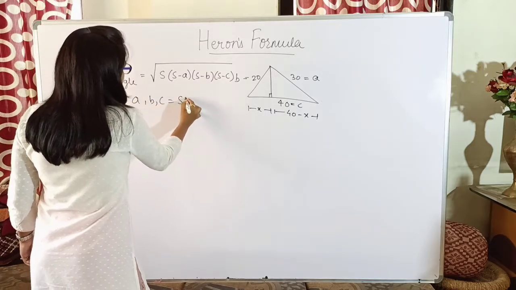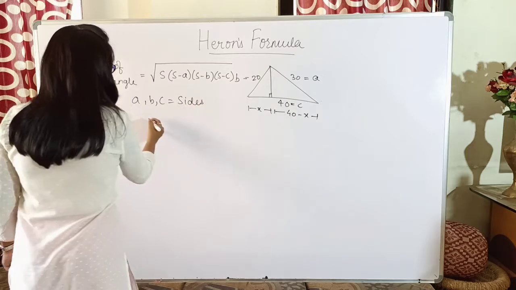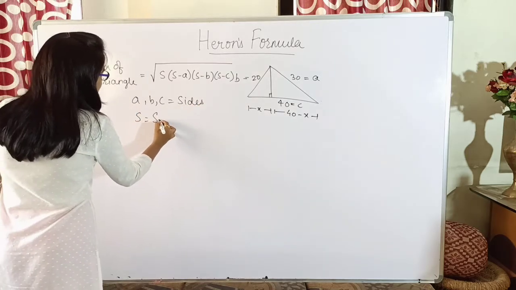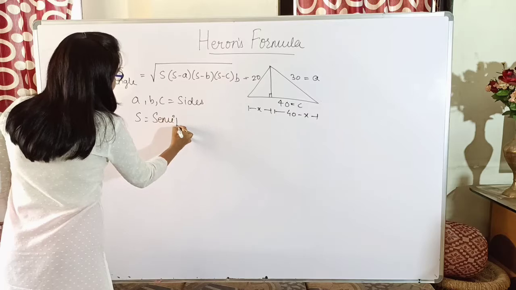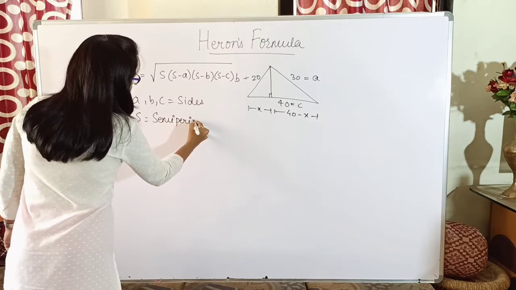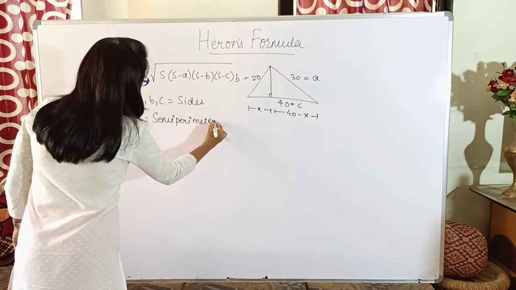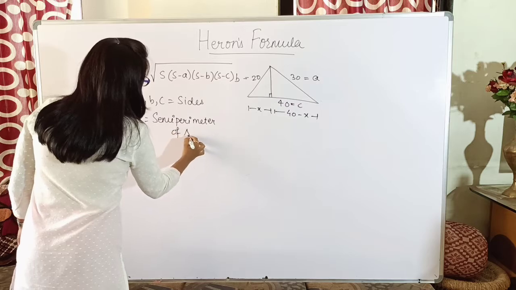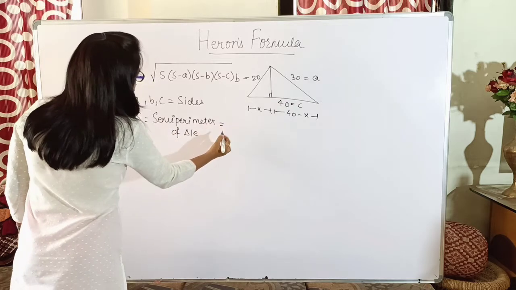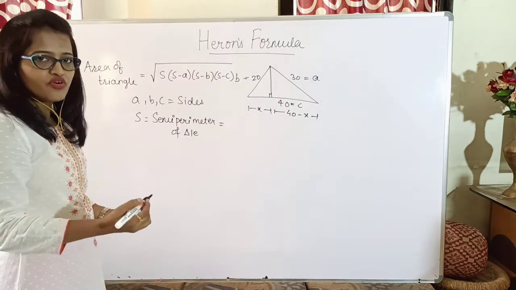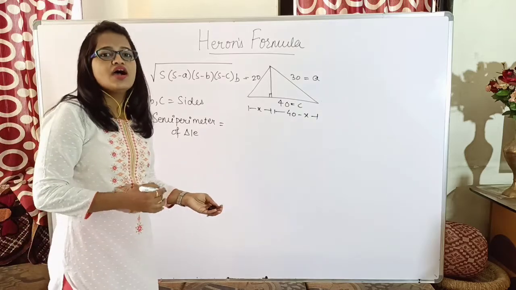What about S? S is the semi-perimeter of the triangle. Now what is the semi-perimeter? Perimeter you all know, that is the sum of all sides, and semi will be half of it.